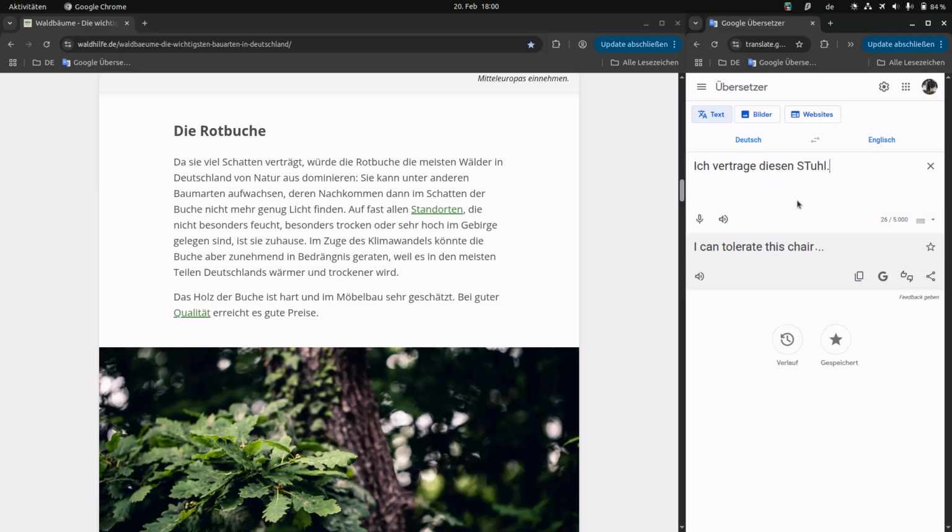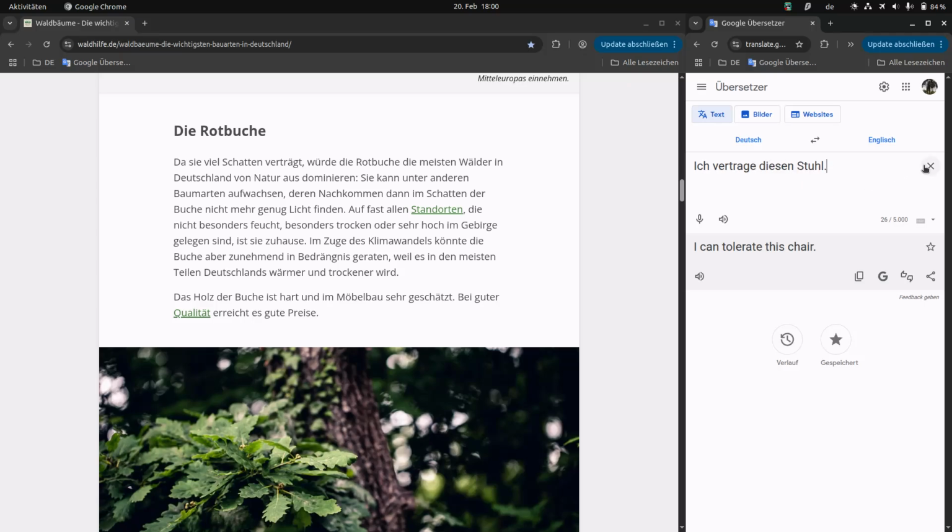You could say that if it just meant what I was explaining, but nobody says that because vertragen means tolerate, mostly in terms of food or just well-being generally. But in this case, if you were to take that literally, ich vertrage diesen Stuhl, I carry this chair somewhere else. But nobody says it like that because it's not a word in this case, even though it would be correct if it were to be taken literally.